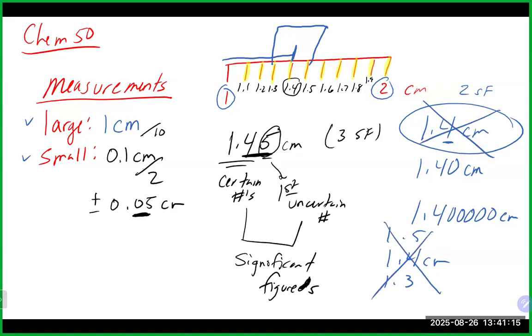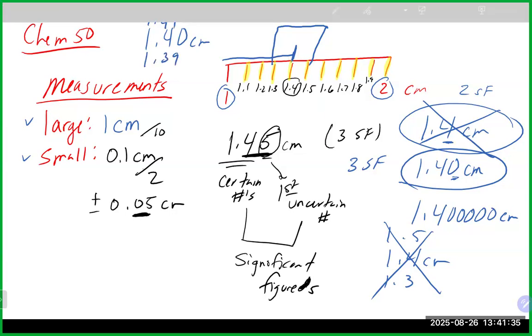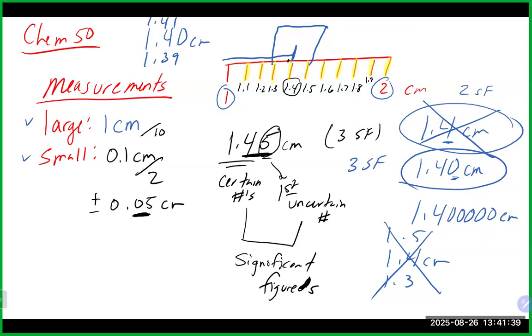That's kind of important. If we take this guy, how many significant figures does it have? It has 3 significant figures. The 0 here is the uncertain number. So when you do that measurement, 1.40 centimeters, you're basically saying, I think it's 1.4, maybe it's 1.41, maybe it's 1.39. If we look at our scale here, that is an error right about there, which is essentially what we have on this particular scale.